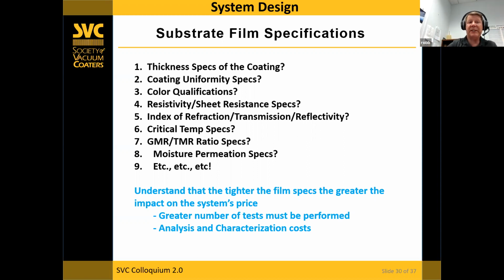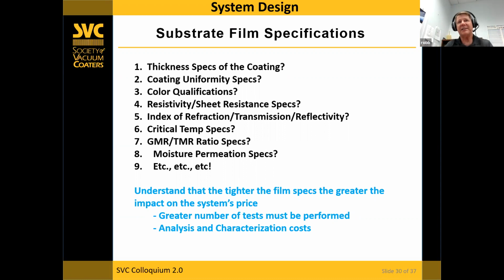Maybe you don't need to meet all these specs. Maybe I just need to make sure you throw down good looking aluminum at a relatively good uniformity spec, and that's it. Do you really need a resistivity or sheet resistance spec, or a reflection spec on the film, or critical temperature specs on the film?